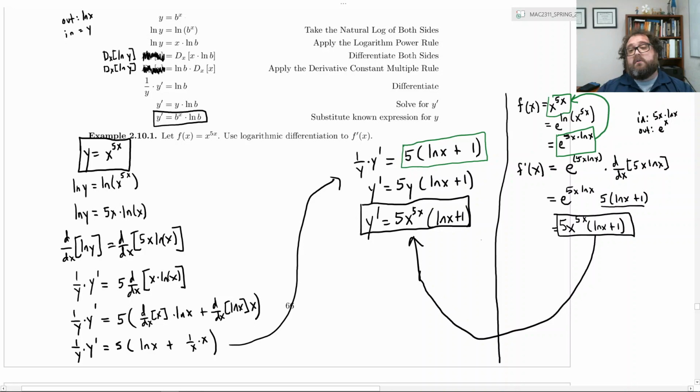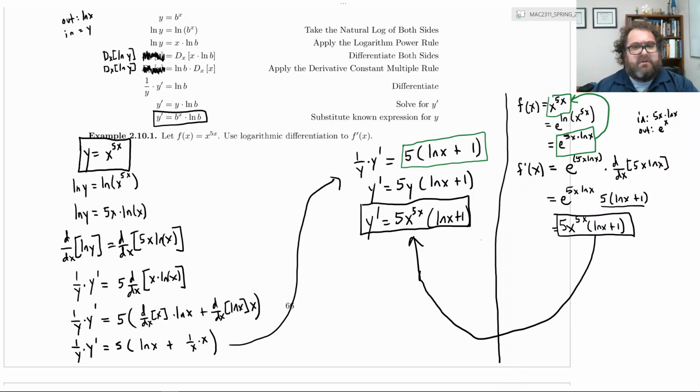And so we get precisely the same answer as we did earlier. Is one way easier? I think logarithmic differentiation is easier, but that's just my preference. Feel free to do what you like. Of course, if this is a test question, you will be responsible for at least one logarithmic differentiation question on a test or exam.